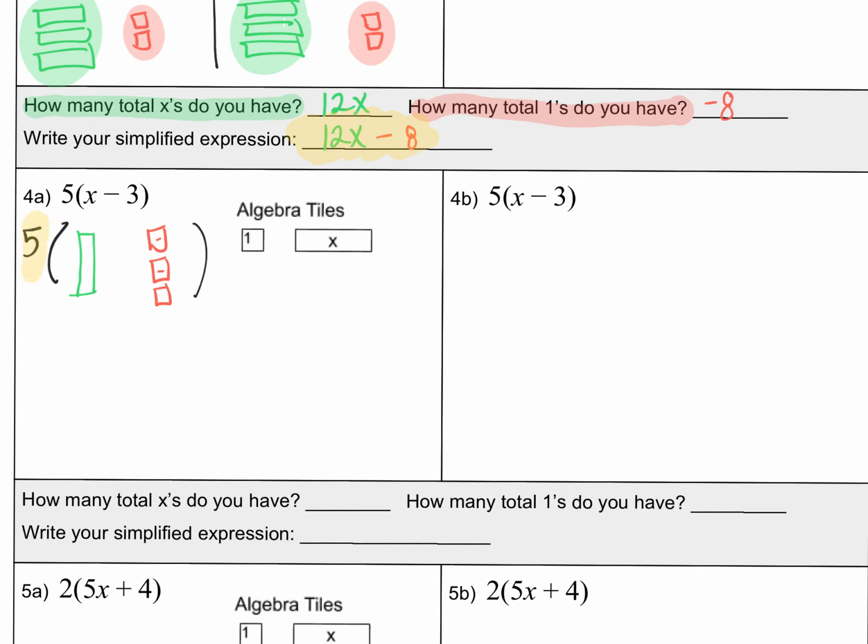Since I have 5 of these, I should be redrawing this 5 times. So I'm going to draw 5 x pieces, 1, 2, 3, 4, 5. I'm also going to do 3 negative 1 pieces 5 times.